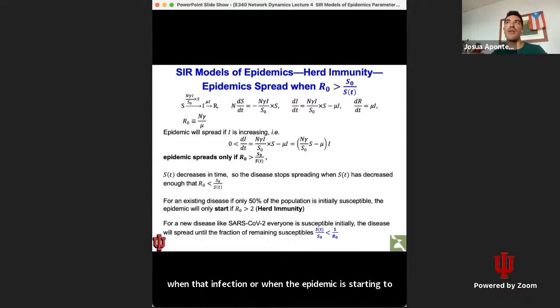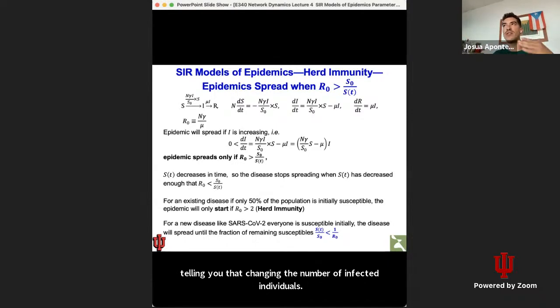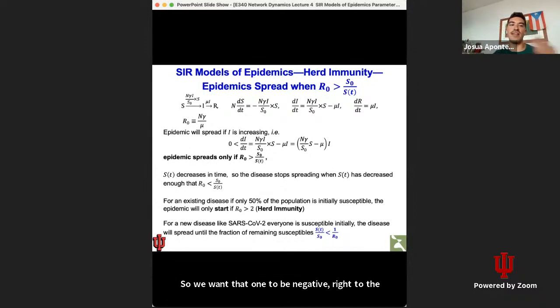Because at that point, we sort of know that we are at the tail end of the infection, and that the number of individuals infected at a particular time will continue to decrease. We do that by solving the dI/dt equation, because that's telling you the change in the number of infected individuals. So we want that one to be negative, so the number of infected individuals is decreasing.